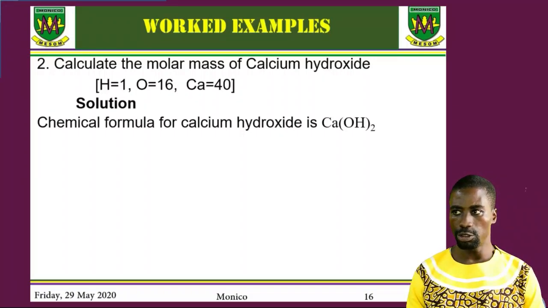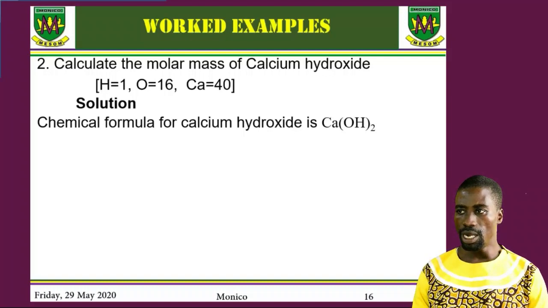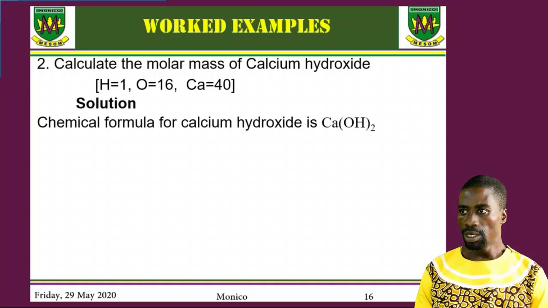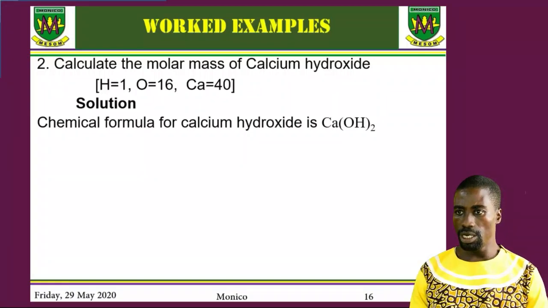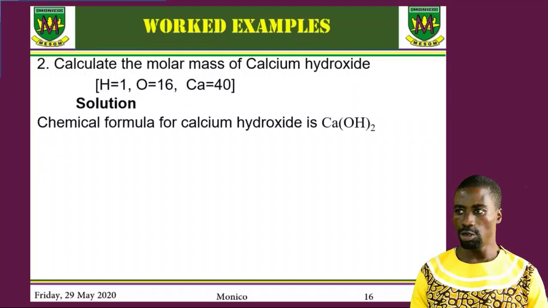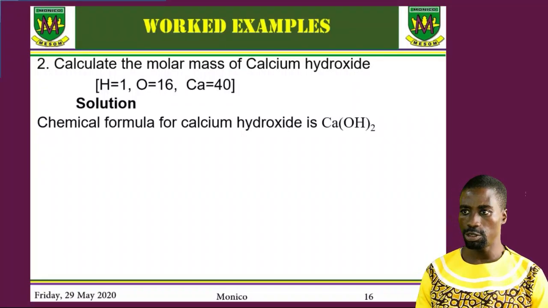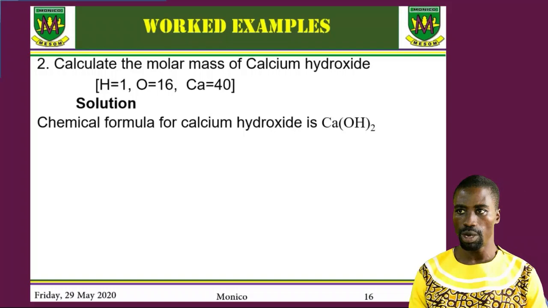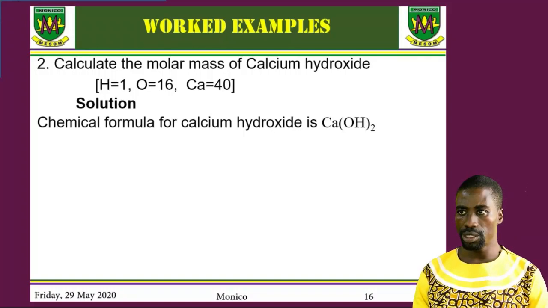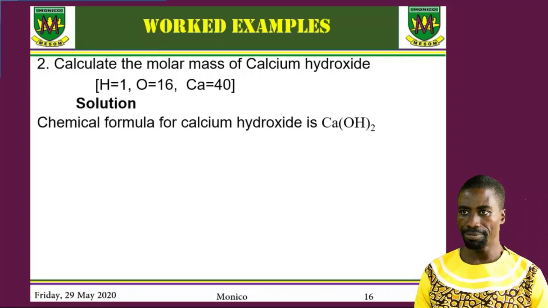The 2 outside is telling you about the charge on Ca, and then the charge on OH is -1. So when you do your combination, this is what you have for now. Later we will do more of this chemical formula writing, right?